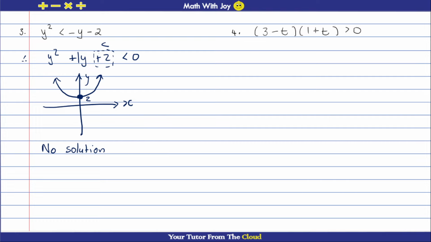All right, so let's go ahead and try this one out. Now, for this one, it's already factorized for us. All right, they've already factorized this for us. But now what we have to take a look at is that we have the variables, the t's, we got them positive and negative.